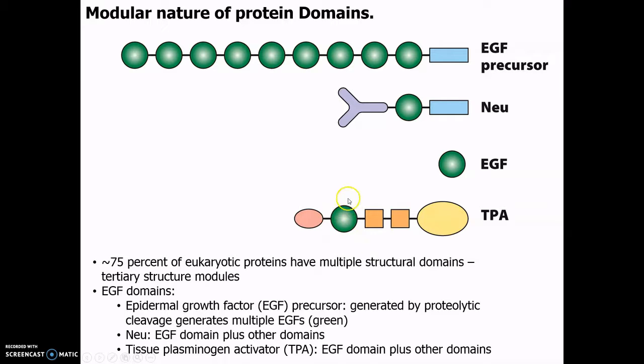What this does is it allows us to link particular functions of a particular domain with the functions of other domains. So here, this is a free-floating entity meant to diffuse and interact with other cells.